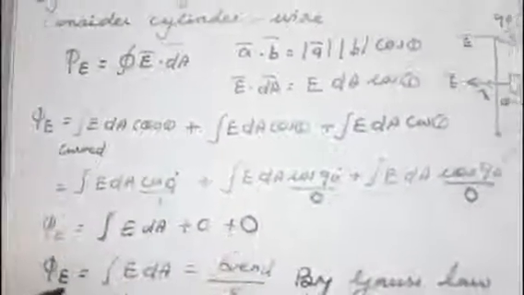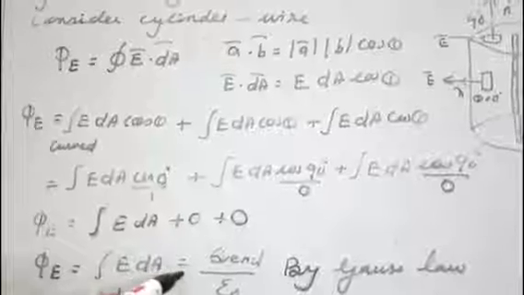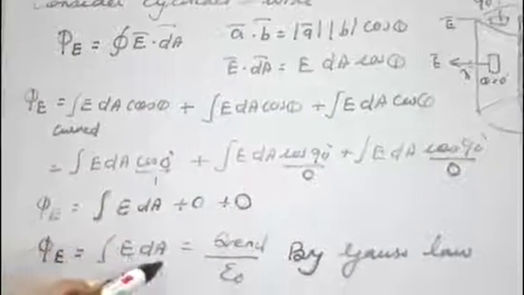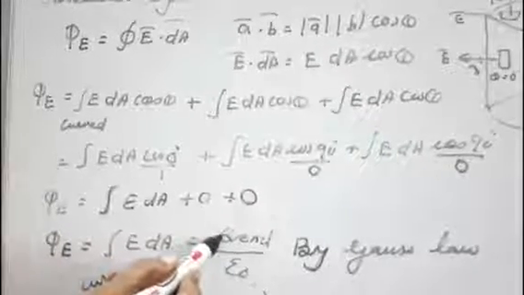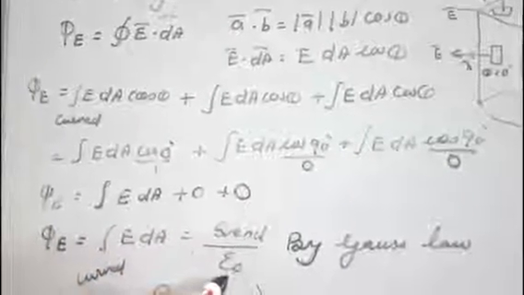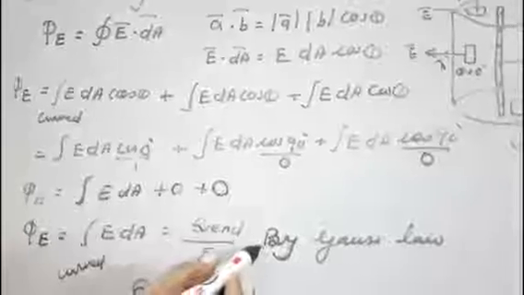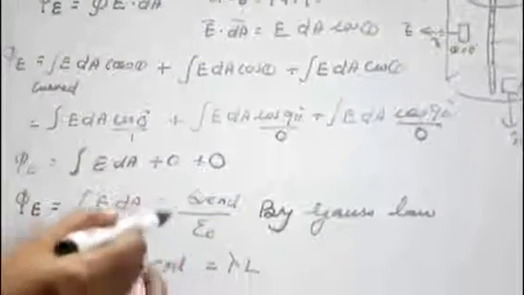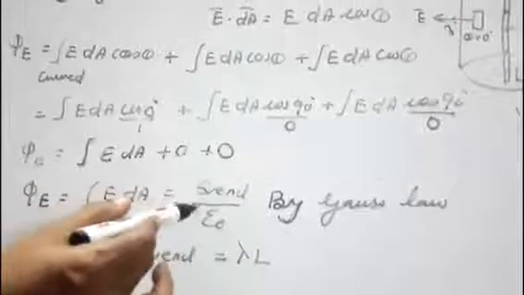Therefore phi is equal to integral of E dA plus 0 plus 0. Therefore phi is equal to integral of E dA, which is equal to Q enclosed by epsilon naught. So this is a curved surface. By Gauss law we have to write this value Q enclosed by epsilon naught.